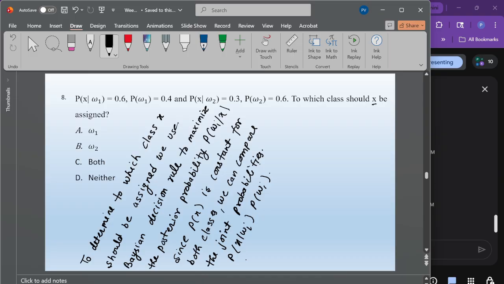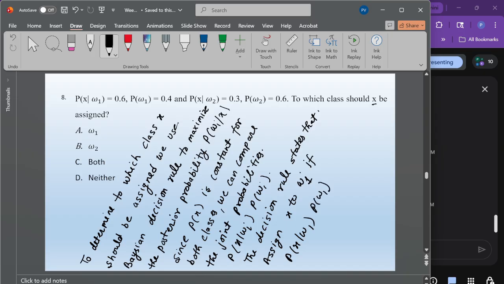The decision rule states that we assign x to omega 1 if the probability of x given omega 1 times the probability of omega 1 is greater than the probability of x given omega 2 times the probability of omega 2, right? We have seen this in the previous one also.